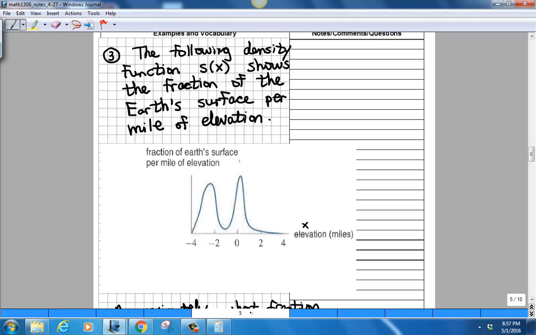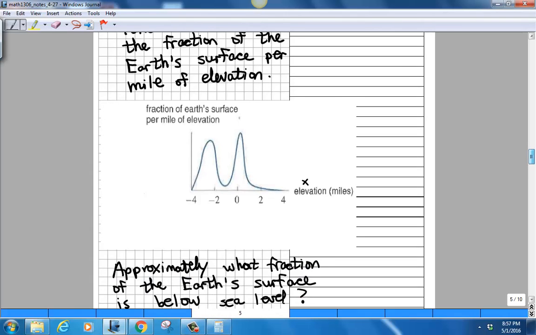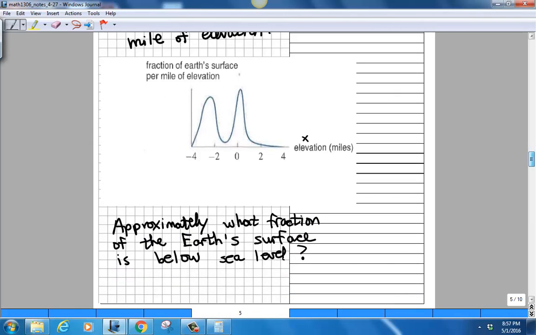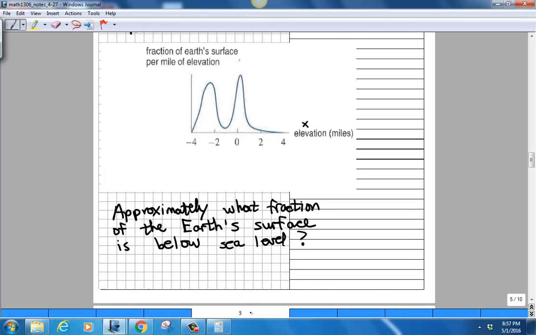Okay? So here, the area beneath the density function represents the total surface of the Earth. So let's see if we can answer a question about the Earth's surface. It says, approximately what fraction of the Earth's surface is below sea level?